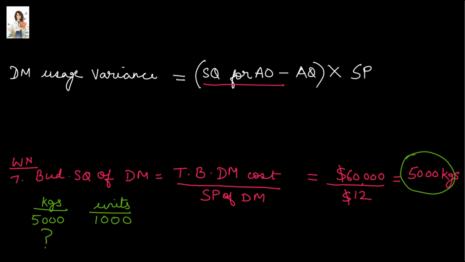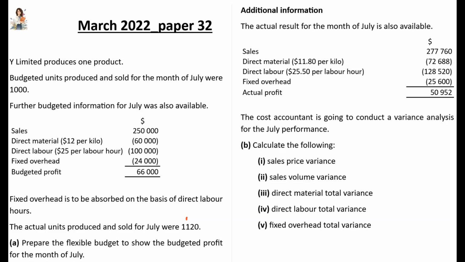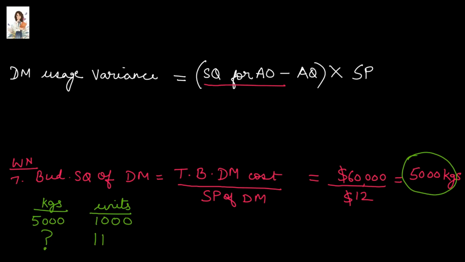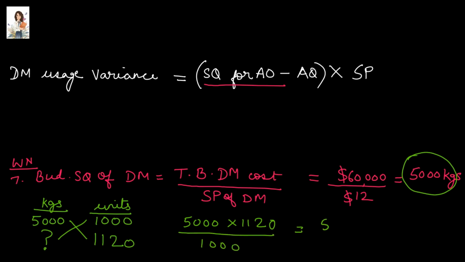So how many kgs are required for actual units, which are 1120? So we'll write 1120 here. So we will cross multiply. This is 5000 into 1120 divided by 1000, which comes to 5600 kgs. This is the standard quantity for actual output of 1120 units.